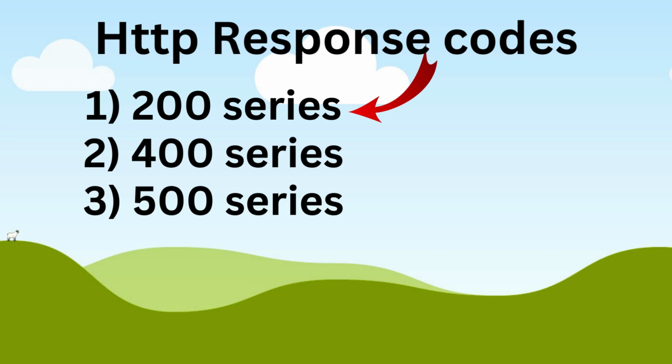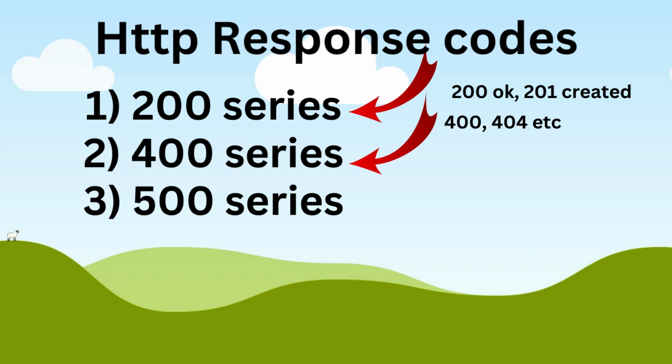The 400 series denotes client-side errors, such as 400 for bad request, or 404 for not found. The 500 series indicates server-side errors, including 500 for internal server error, or 503 for service unavailable.